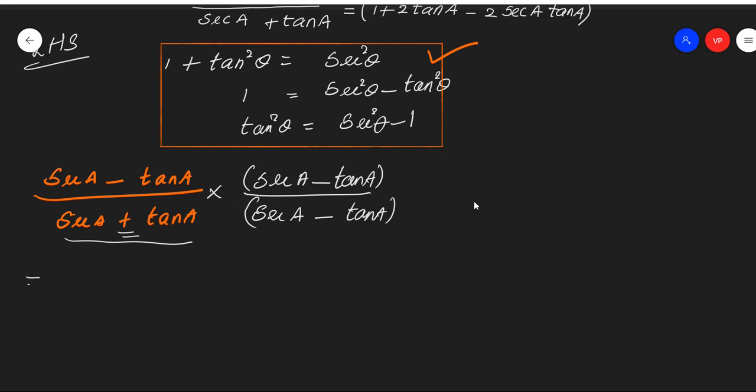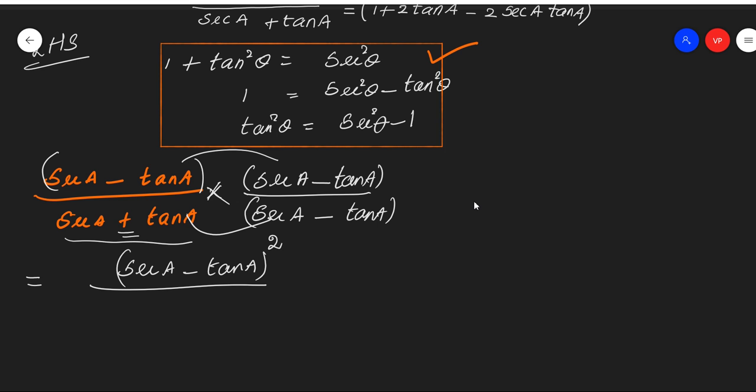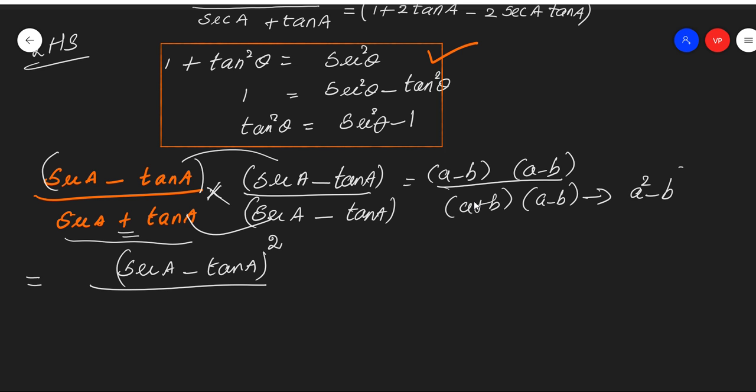What is our next step? You multiply the numerator and the denominator. In the numerator we have secant A minus tan A the whole square. In the denominator, it is of the form a plus b and a minus b, so we can write a square minus b square.